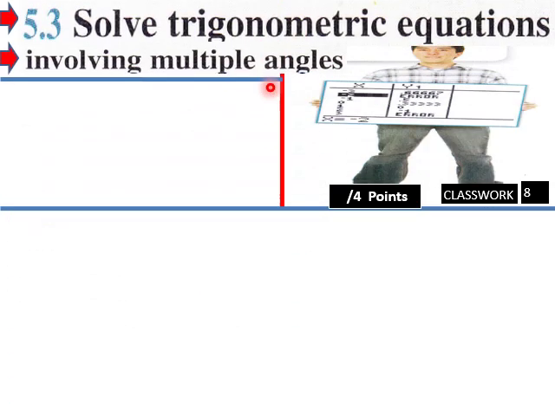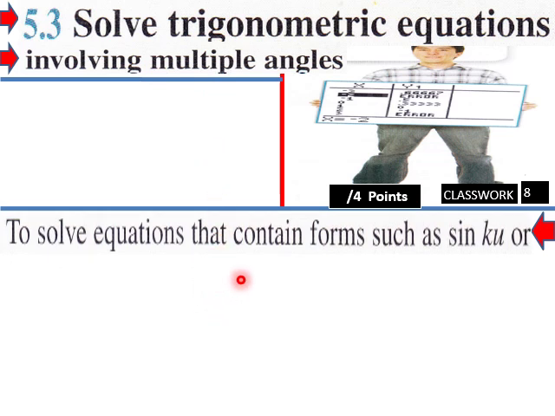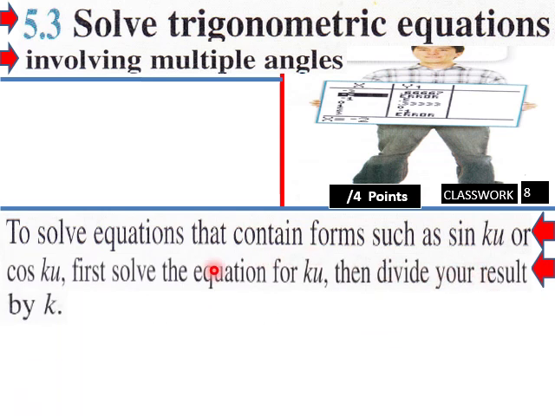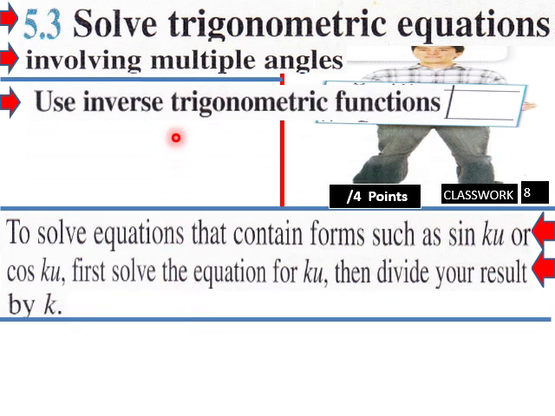Okay, into 5.3. Solve trigonometric equations involving multiple angles. To solve equations that contain forms such as sine ku or cosine ku, first solve the equation for ku, then divide your result by k. So that sounds like a good strategy.